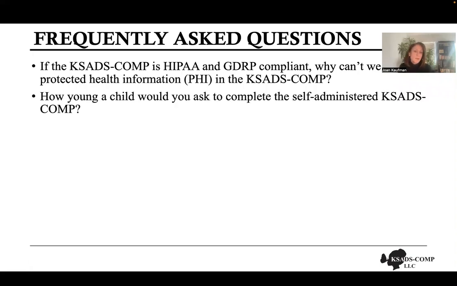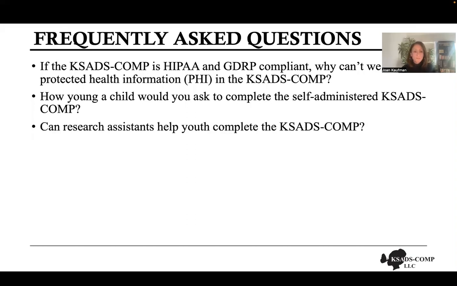How young a child would you ask to complete the self-administered KSADS-COMP? We've designed it for youth 11 and above, but the self-administered KSADS-COMP has been used in the Adolescent Brain and Cognitive Development Study, ABCD study, with children as young as 9 years of age. So some assistance may be needed in those cases, but we say 11, it seems to be possible to use it with children as young as 9 years of age.